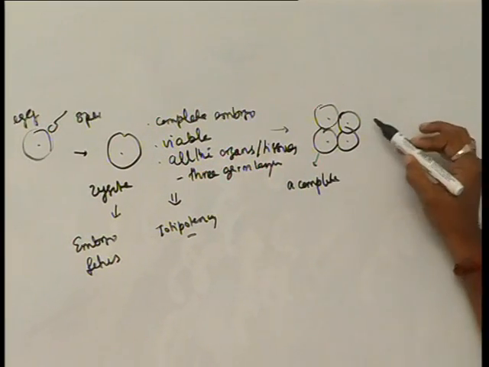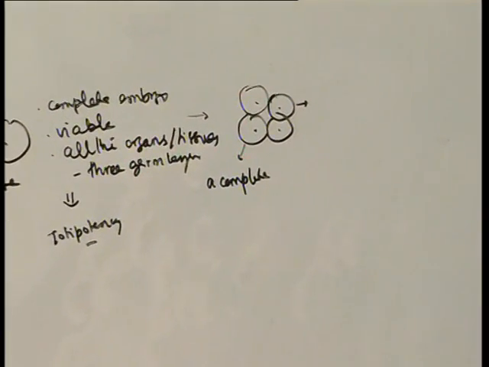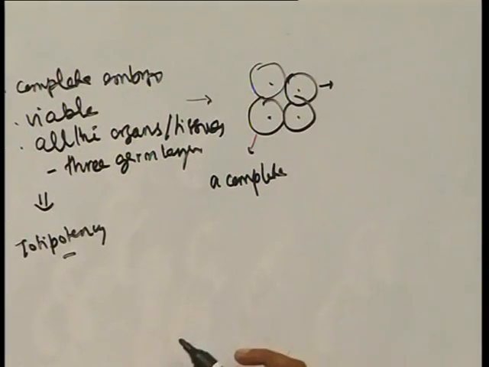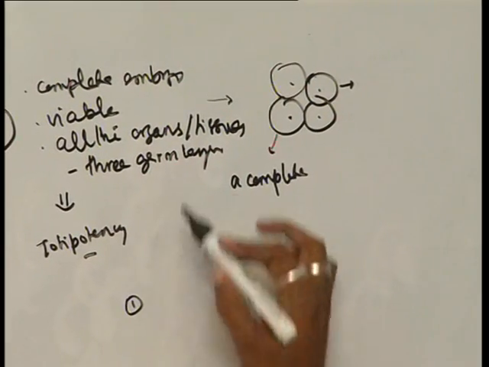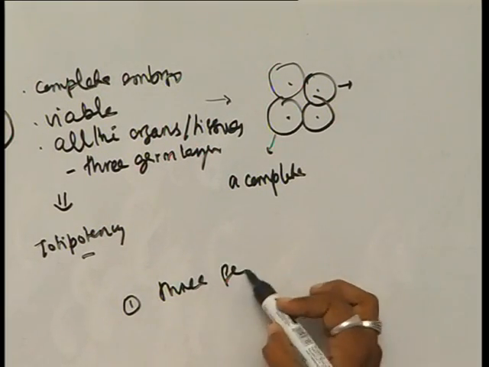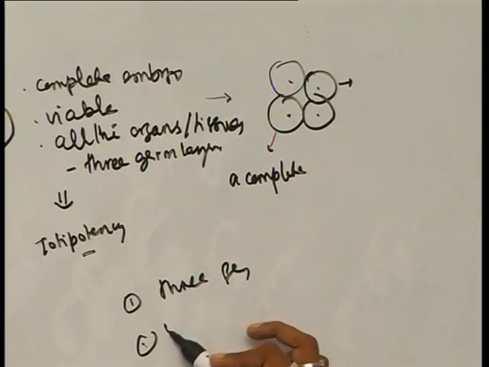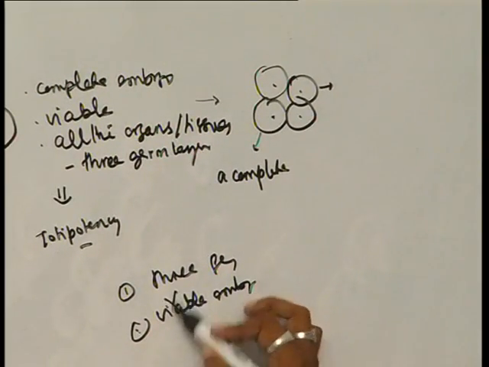Now each cell loses its totipotency. What do you mean by loss of totipotency? It can still produce any organ, tissues or cells of the 3 germ layers, but it cannot produce a viable embryo. This is the first thing it loses.